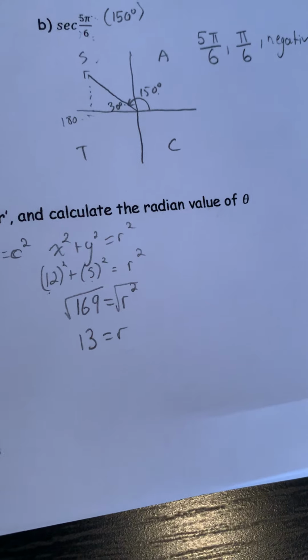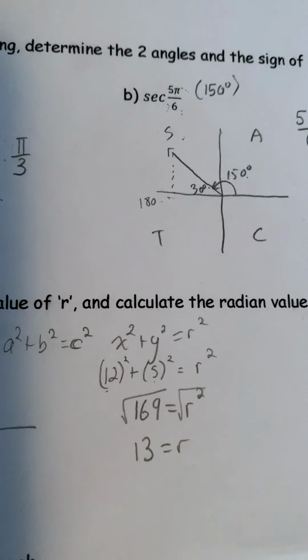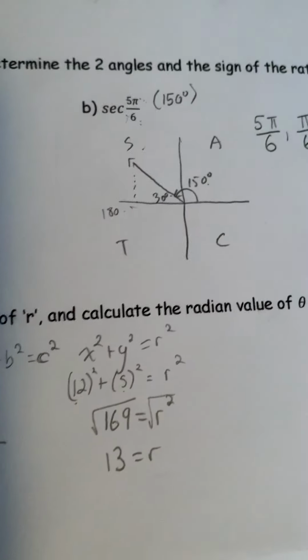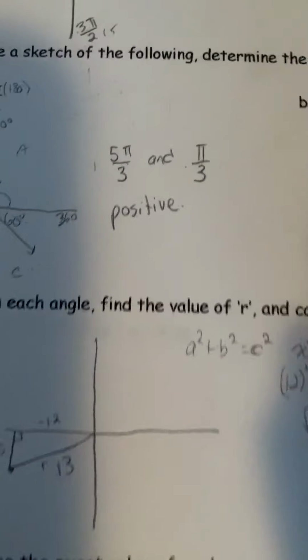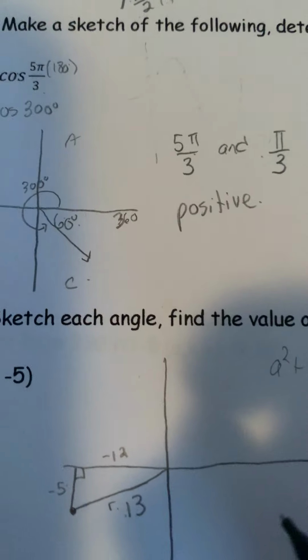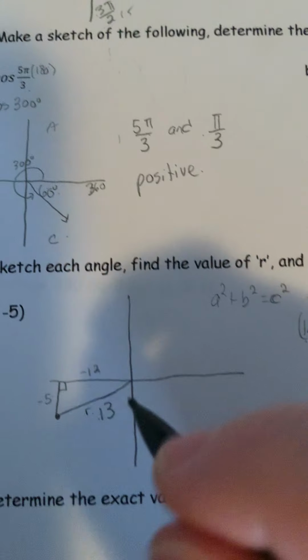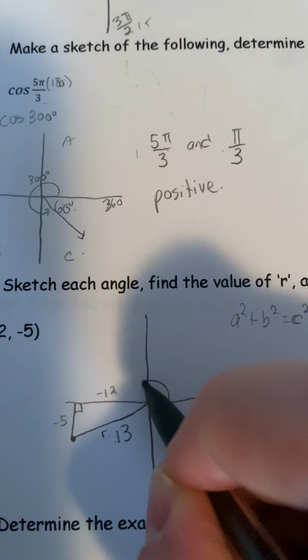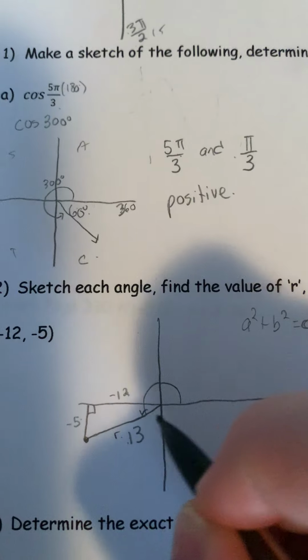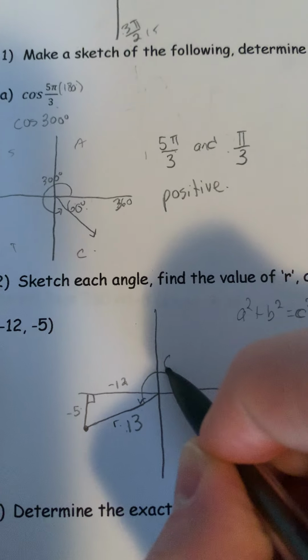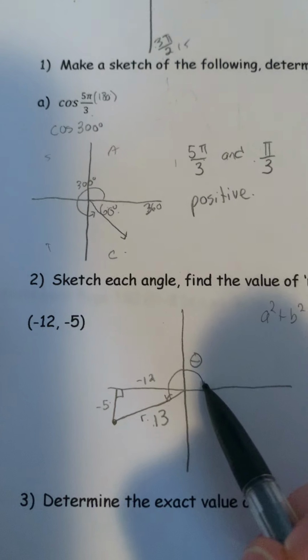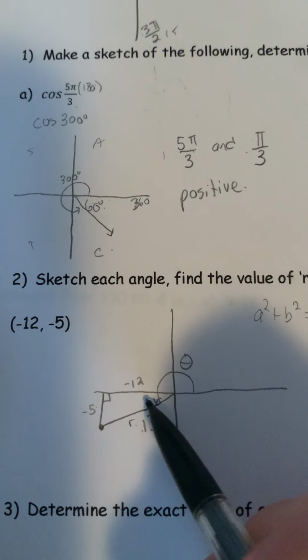Okay, and then this is calculating the radian value of theta. Theta is your principal angle. So the principal angle goes all the way from the initial arm to our terminal arm. So we can't calculate this as it is because it's not inside the triangle.